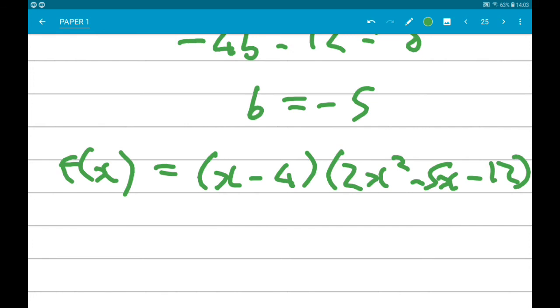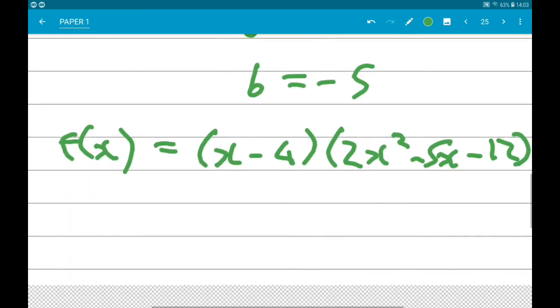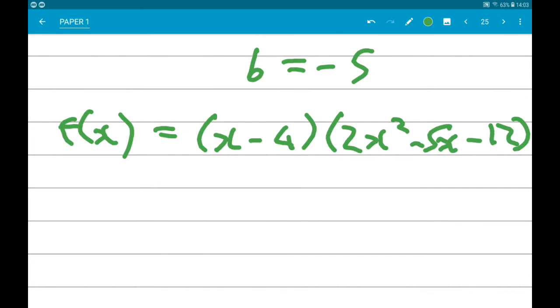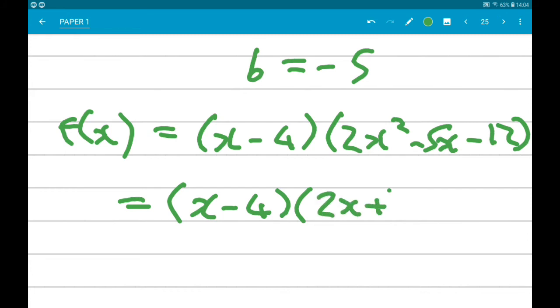Okay, now the quadratic factorizes, so we can now write this as x minus 4 times 2x add 3 times x minus 4.